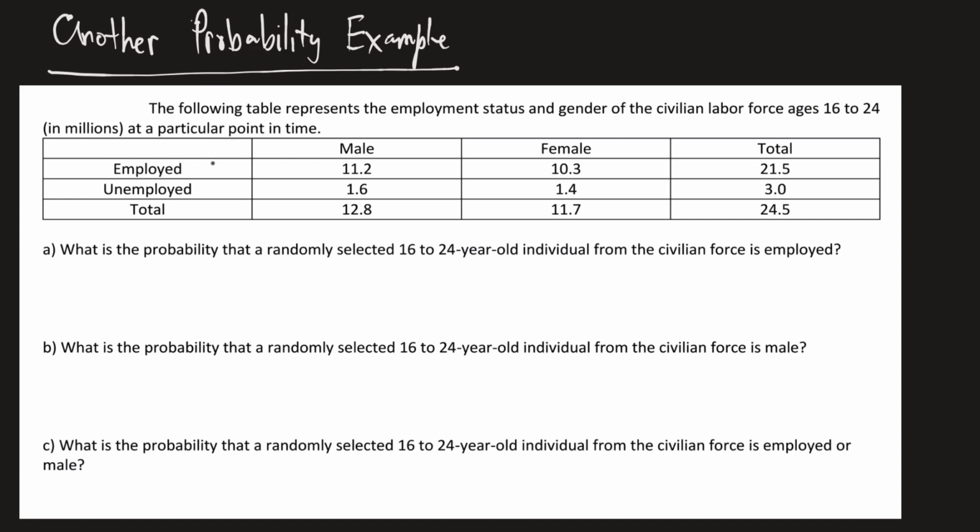So what I will do, let's use E for employed and U for unemployed, M for male, and F for female, right? And then we have some questions. So let's look at the first question.